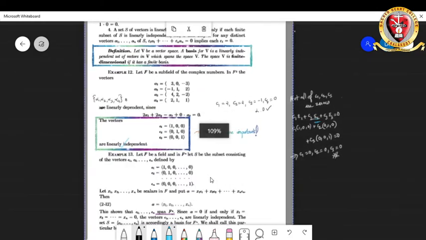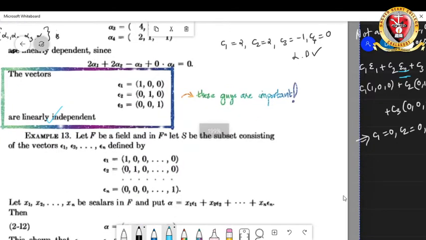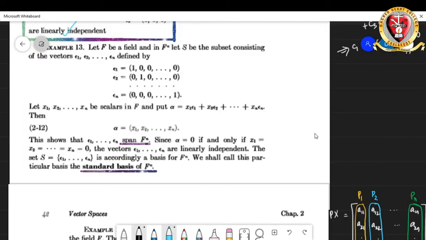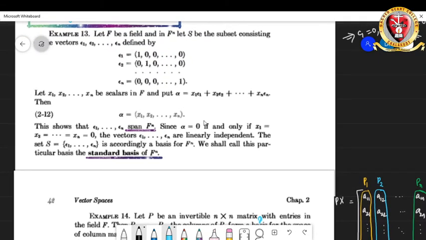When you calculate it, you get the n-tuple x1, x2, etc. xn. So alpha is equal to this.